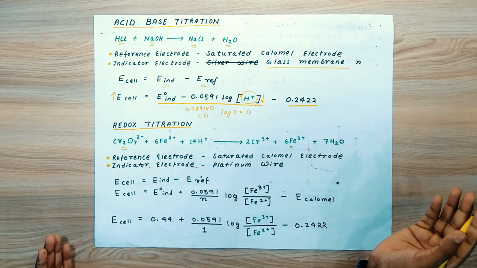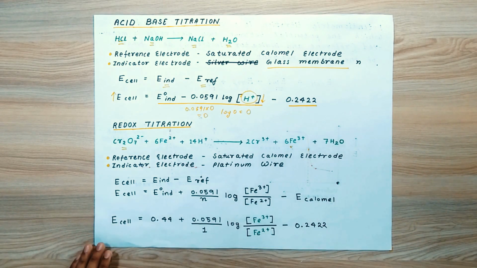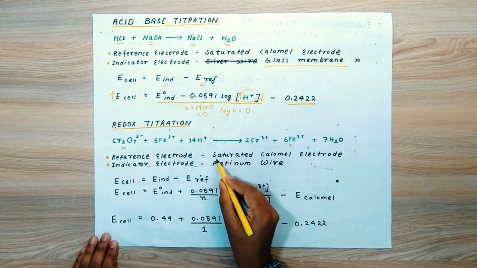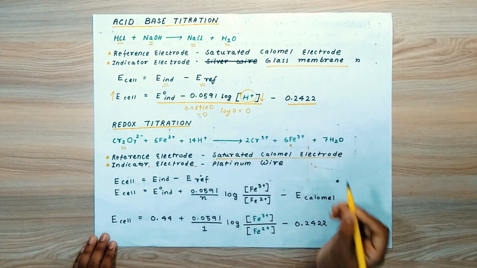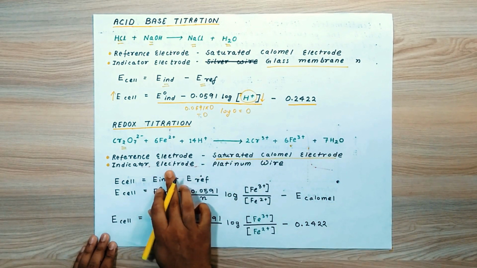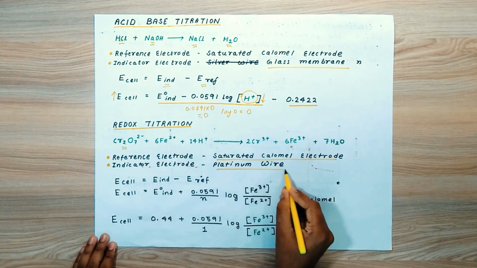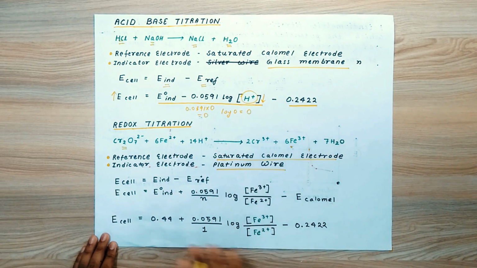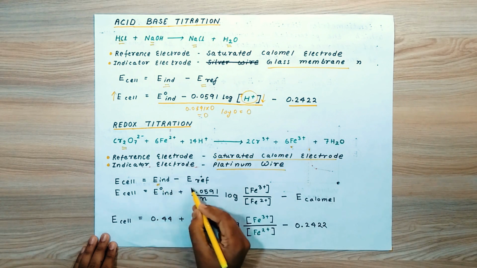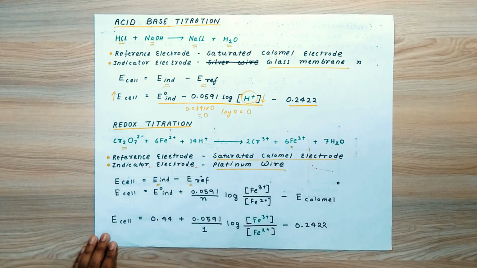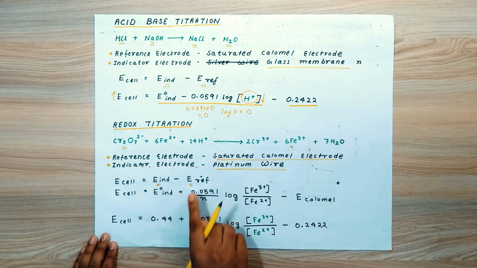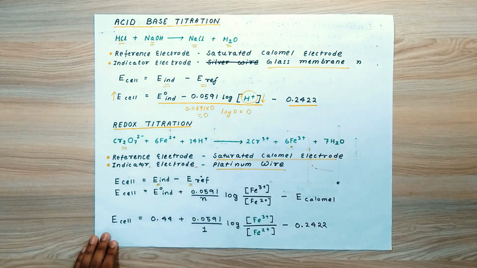So here in this potentiometric titration, we are using a saturated calomel electrode as our reference electrode and a platinum wire as our indicator electrode. Again, we know our mother formula, that the cell potential is equal to the indicator potential minus the potential of our reference electrode.